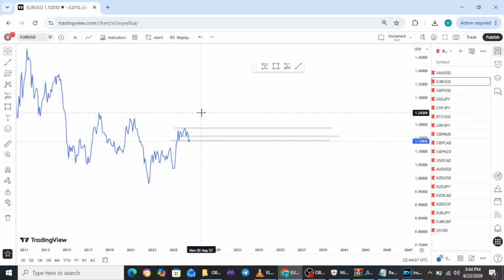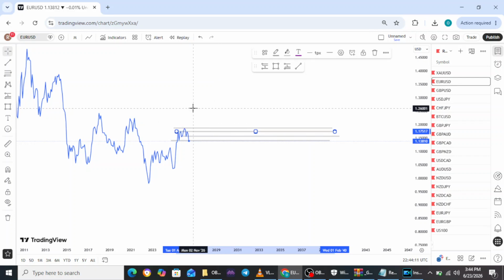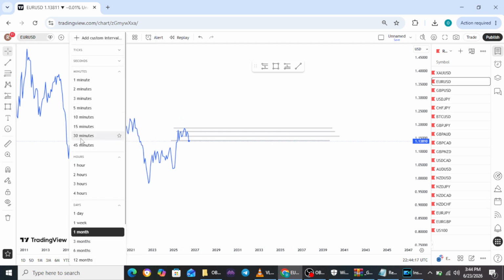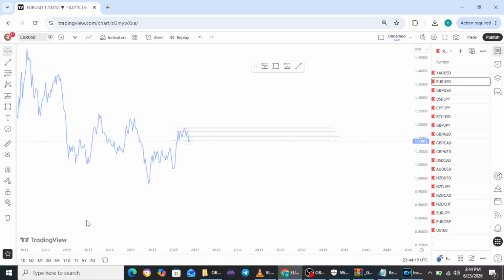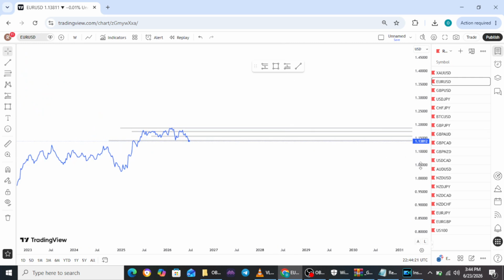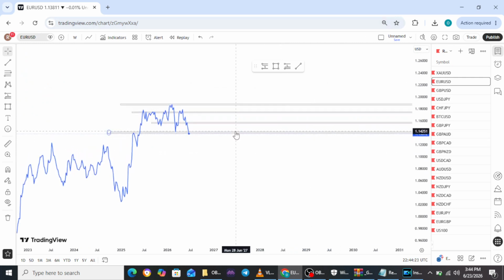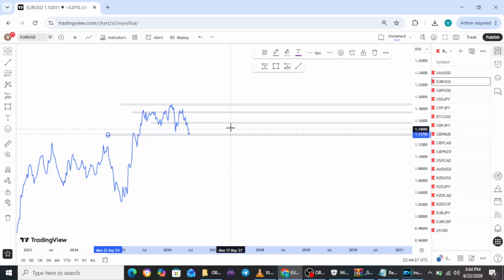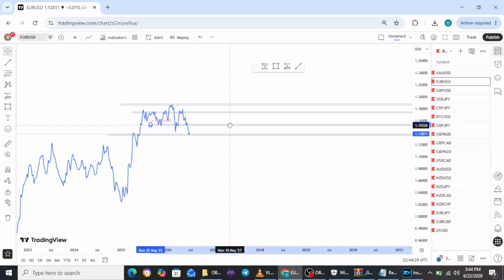Now, once you get this, you go to your weekly time frame. Now you can make some adjustments in the structure.